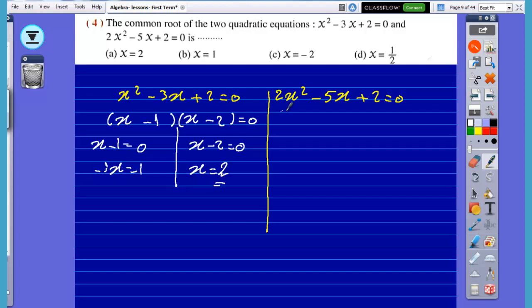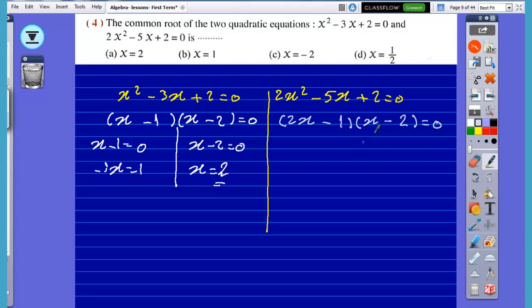Here we have 2x² - 5x + 2 = 0. Let us factorize it. We have 2x² as 2x multiply x, and 2 as negative 1 multiply negative 2. Of course you can use a calculator.